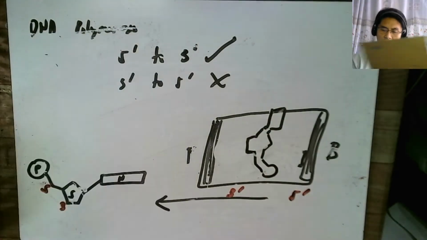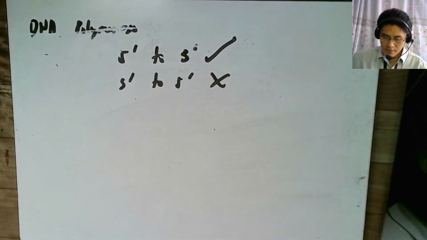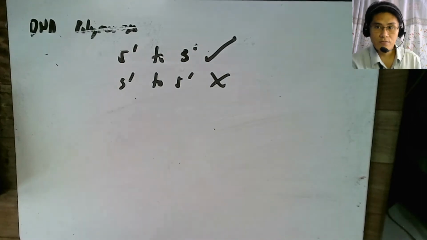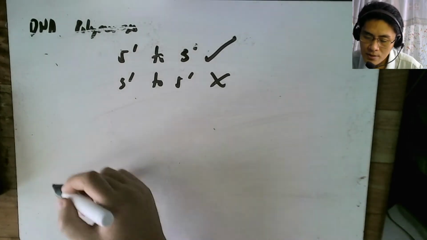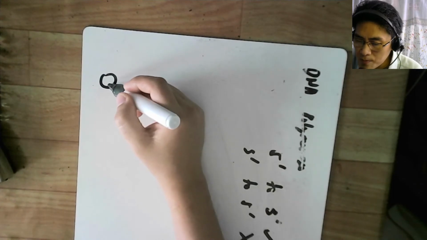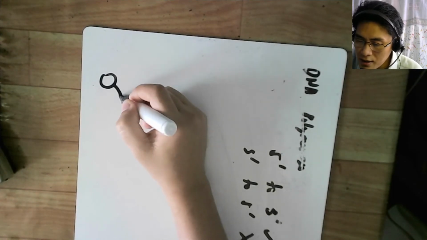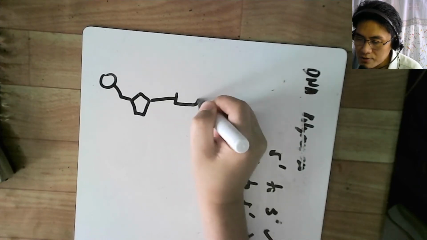I realize that it's not according to what the video shows you, so let me repeat that again. If this is the DNA, let me turn this sideways first. You have the phosphate group, and then the sugar group, and then the nitrogenous base.